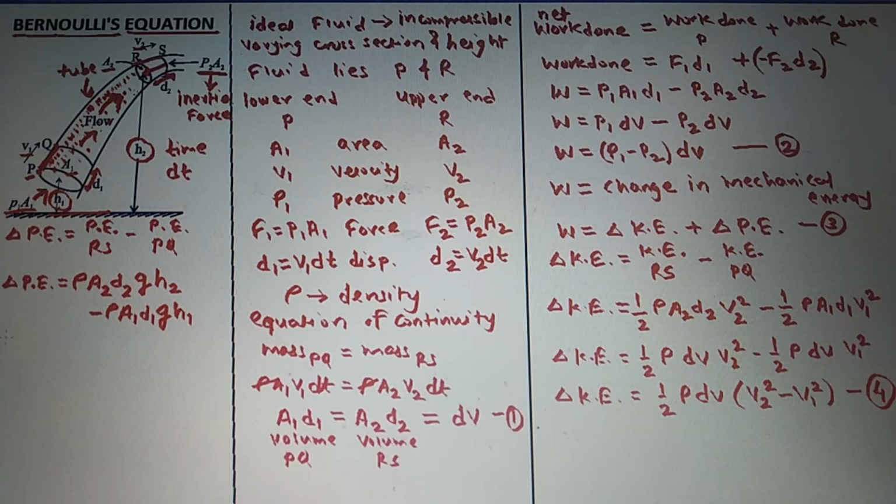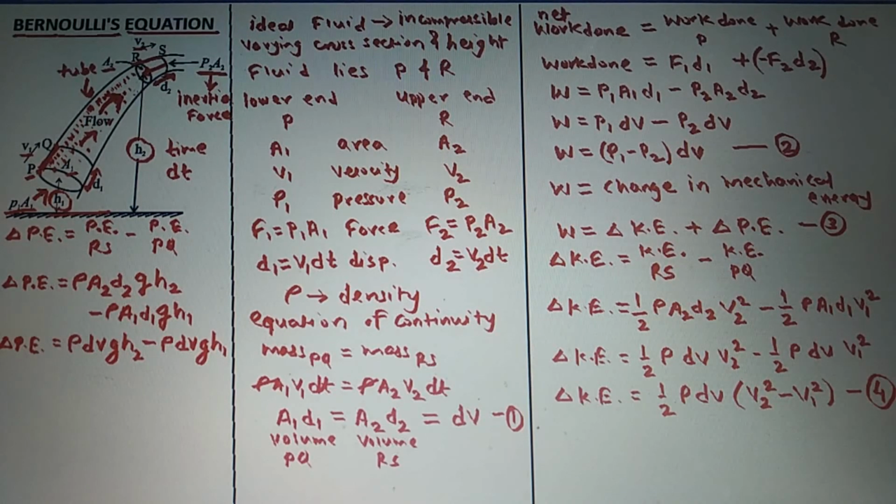Now next step, the change in potential energy is equal to density rho. What is A2 into D2? According to equation 1, we will write it as volume here into gravity into H2, that is height, minus rho, that is density, into A1 into D1. According to equation 1, that should also be equal to the volume dV into gravity into height H1.